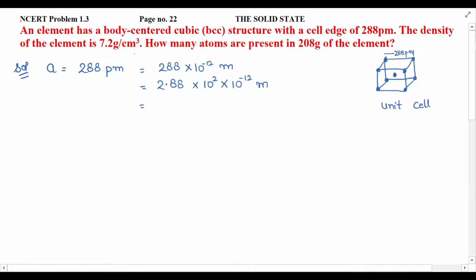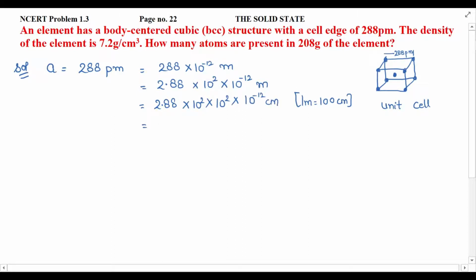Here I'm having density in centimeter cube, right? So what I have to do, I have to convert this value first of all in centimeter to cancel these terms, right? So I know that 1 meter equal to 100 centimeter. So you can write over here 1 meter equal to 100 centimeter. So it will be 2.88 into 10 raised to power 2, again we'll have 10 raised to power 2 into 10 raised to power minus 12 centimeter.